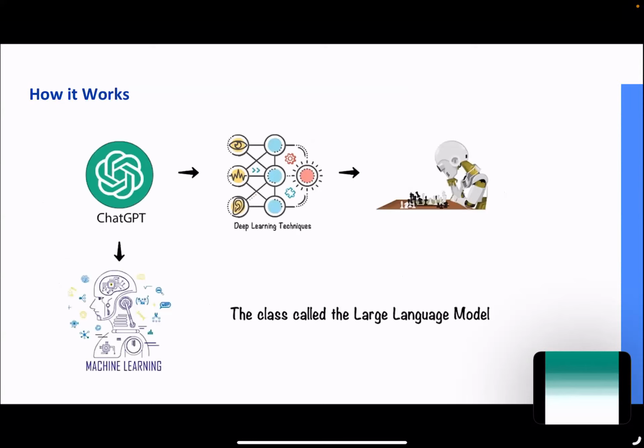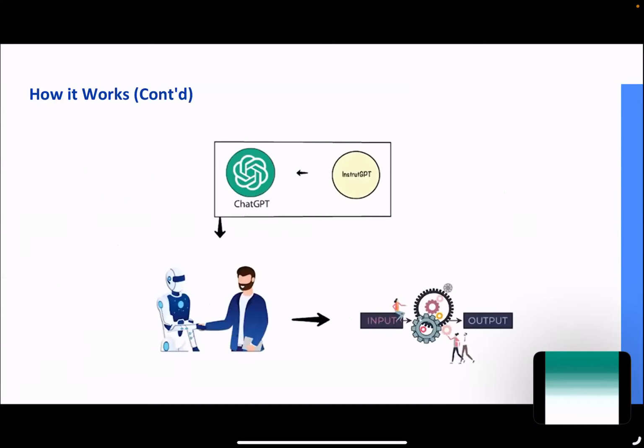If we talk about what's behind ChatGPT, it uses different deep learning and machine learning techniques to predict or give answers that are human-like. Let's see how it works.